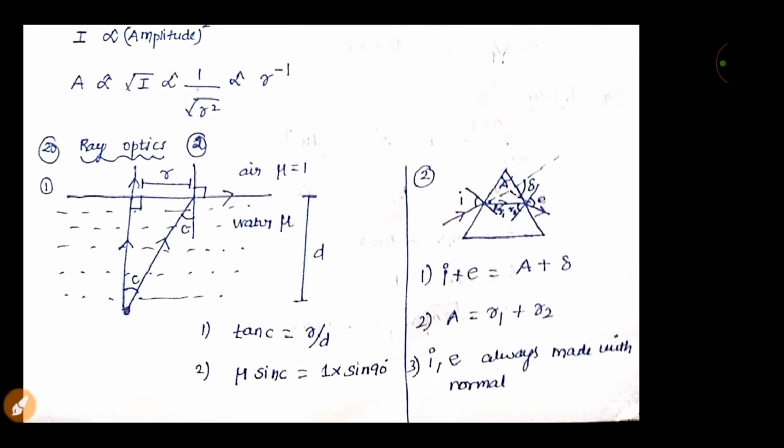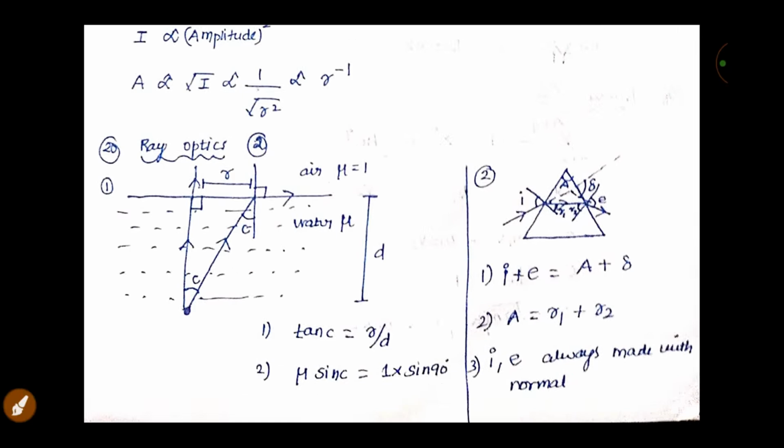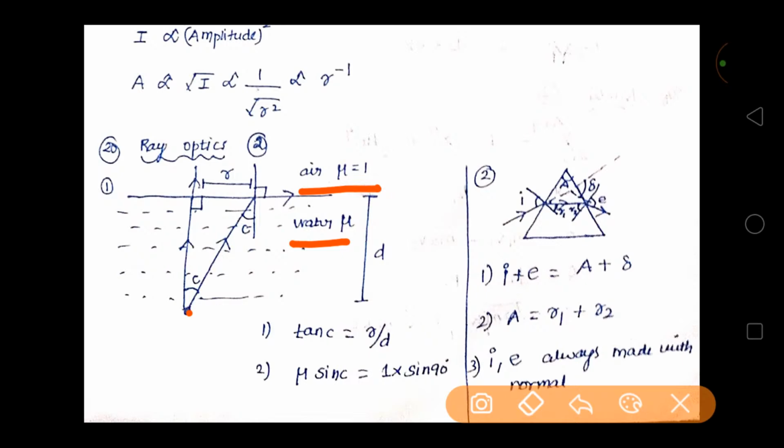Now for ray optics, two sums, two concepts. This is an object inside the water having refractive index mu, and the above side is air. So this is emitting a light. Normally, it goes without any deviation. When it emits a light along this direction, it grazes over the surface between the water and the air.